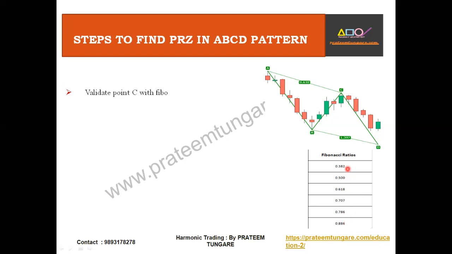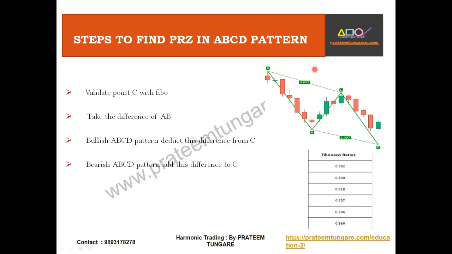Within this range, it can be anything. We have the liberty to move our A point, so we can move it and bring this ratio very near to any of these perfect ratios. However, if it is not perfect, then a variation of 1 to 2% is also acceptable and allowed.